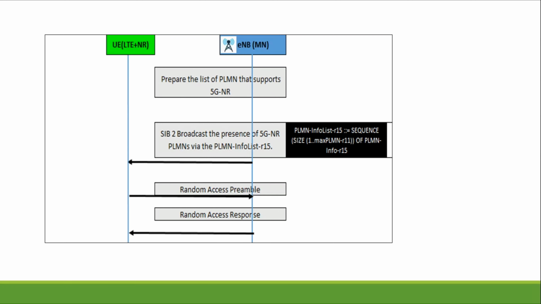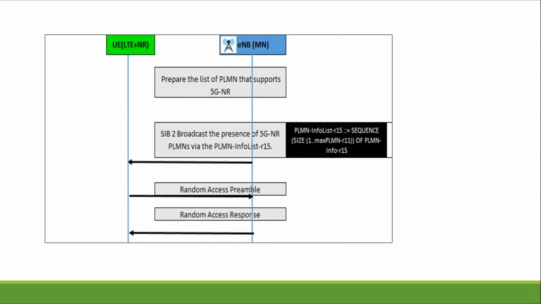First it will prepare the list of the PLMNs that are supporting 5G NR, and the message that will flow is, as you can see here, SIB2, which broadcasts the presence of whatever 5G NR PLMN is available via the PLMN info list R15. Through this, it provides the whole 5G NR PLMN list.